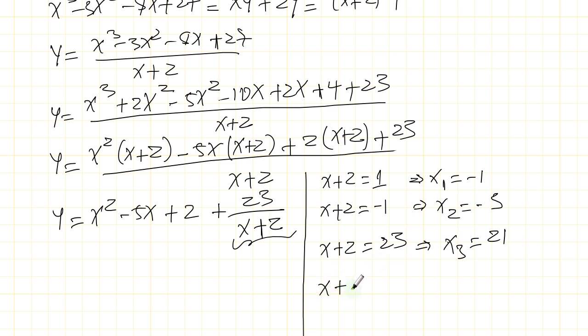And at the end, x plus 2 has to be minus 23, so we have negative 1 here, and x4 is equal to negative 25. As you can see, negative 1, negative 3, 21, negative 25 are integers, so those are all possible values of x which are integers.